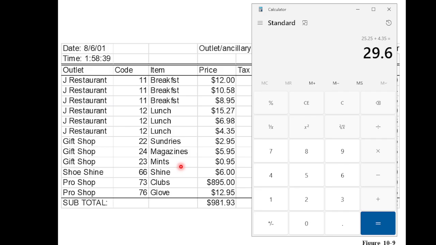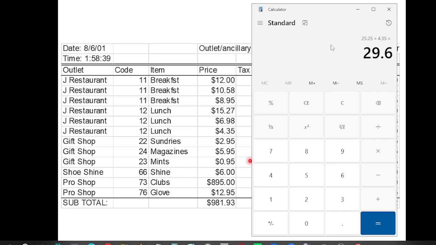Okay, so for the other sundries, 2.95, I'm sorry, it is 2.95 plus 5.95 plus the tax of 0.95.